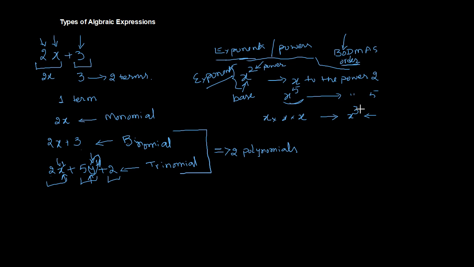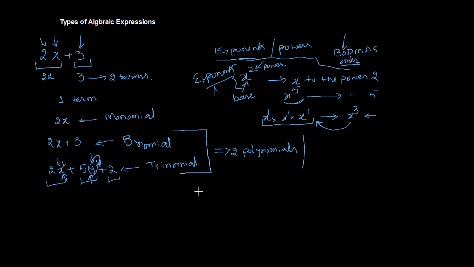When we learn the laws of exponents, we'll understand how we get 3. For now, just understand there are 3 same variables multiplied, and the powers get added, which is 1 plus 1 plus 1, and it turns into x to the power 3. That's how I'm going to write it.